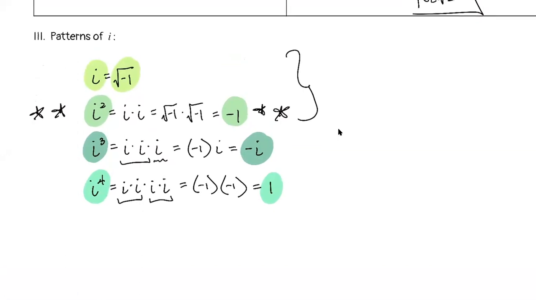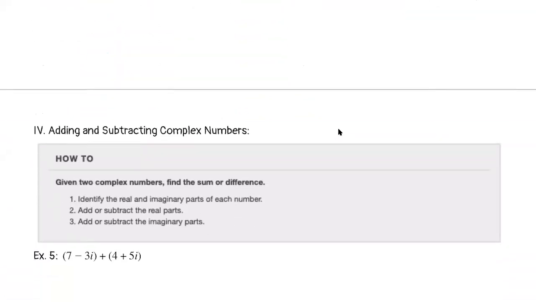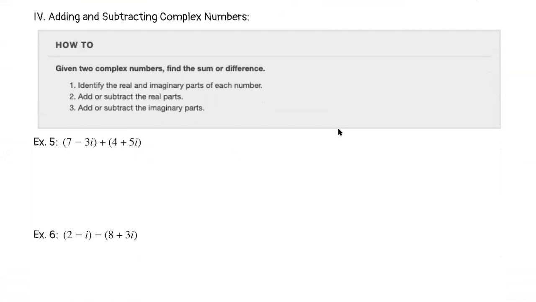Anytime we see an i, that's the same as the square root of -1, but anytime we see i squared, we have to replace it with -1. With that, let's take a look at adding and subtracting complex numbers.